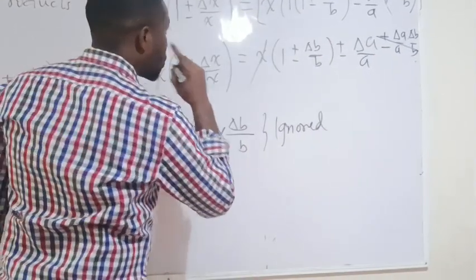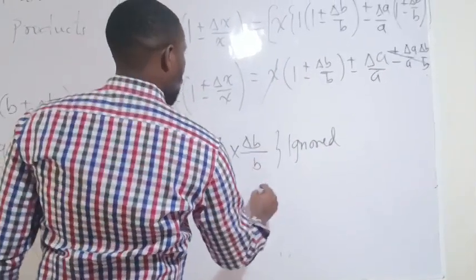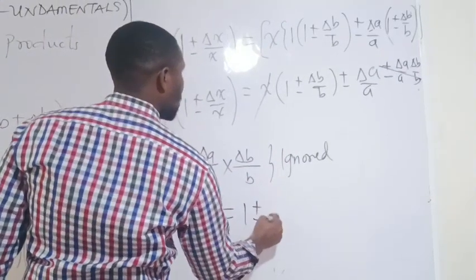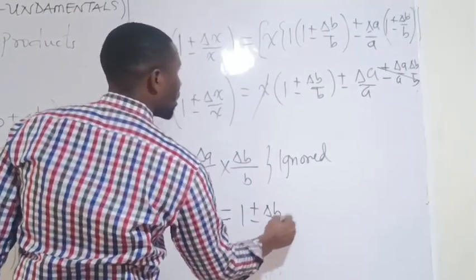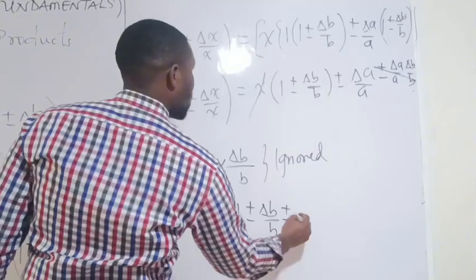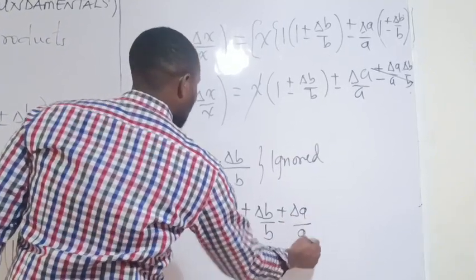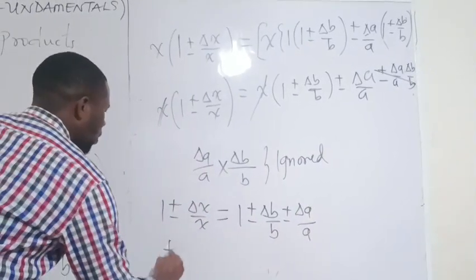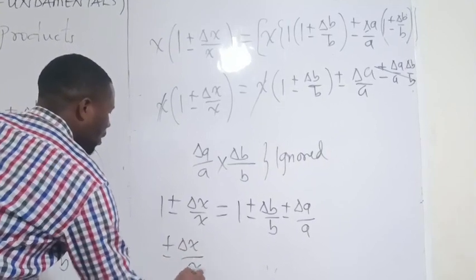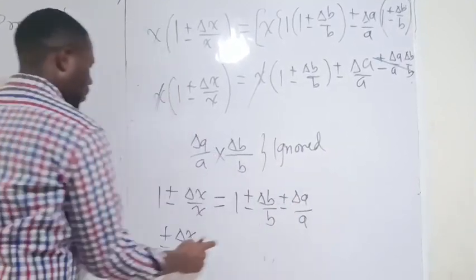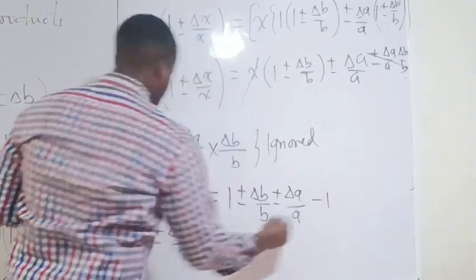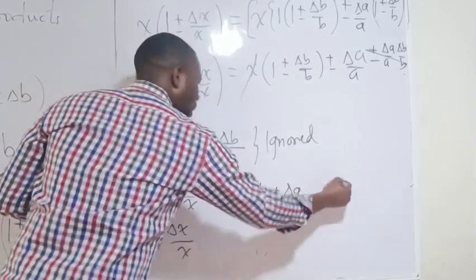And that is equal to 1 plus or minus the fractional error in quantity b plus or minus the fractional error in quantity a. I will transpose the 1 here, and the moment I do that, I lose the 1.